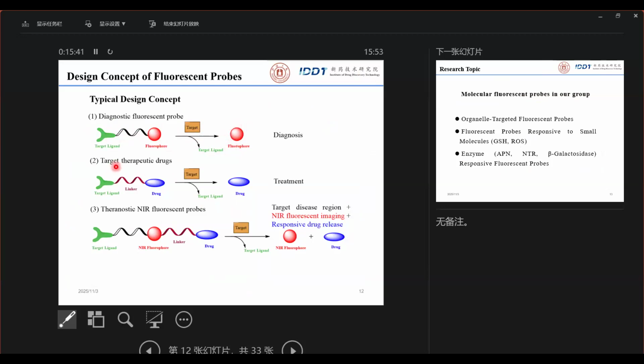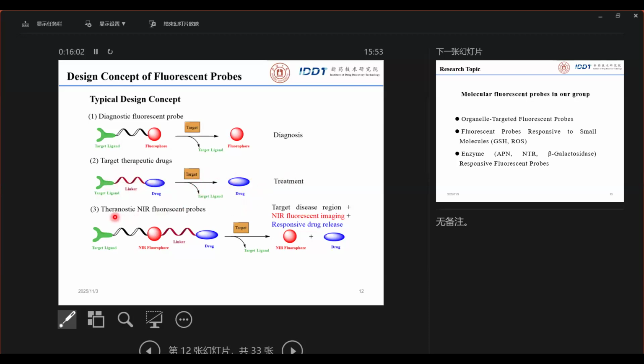The second is for therapy. When we link it to a drug, also with the fluorophore here, in a specific cell microenvironment, the drug will be released by the reactive linker. So this drug is for treatment.